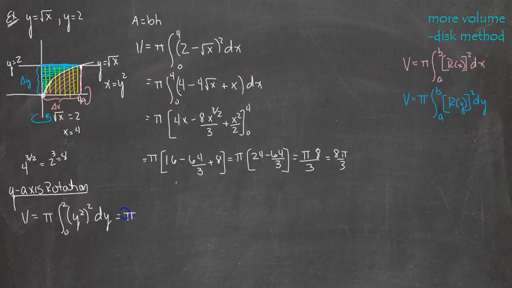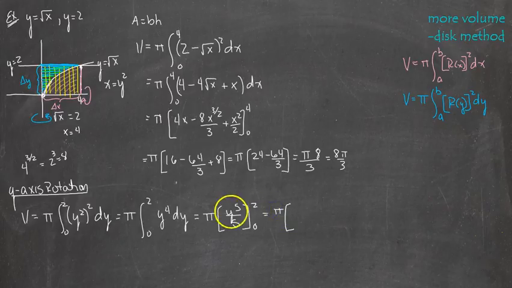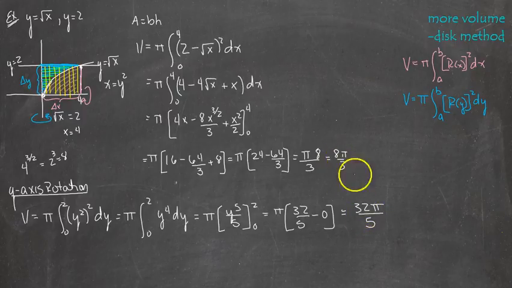Well, that's just pi times the antiderivative from 0 to 2 of y to the 4th dy, and that's just pi times y to the 5th over 5 from 0 to 2, and so that's pi times 2 to the 5th, which is 32 over 5, minus 0, so that's 32 pi over 5.